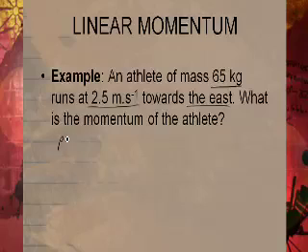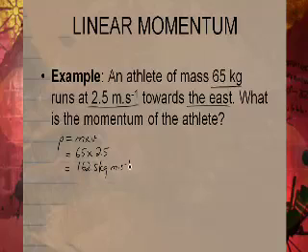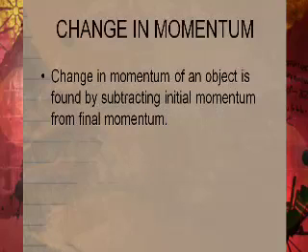What is the momentum of the athlete? p is mass times velocity, so 65 times 2.5 meters per second, and the answer becomes 162.5 kilograms meters per second. That is the momentum of the athlete.